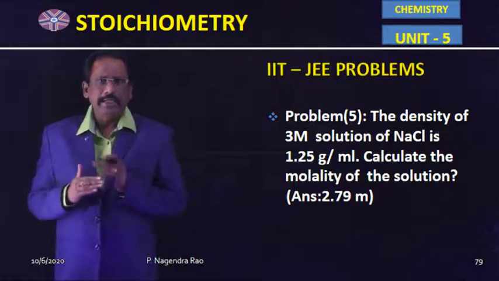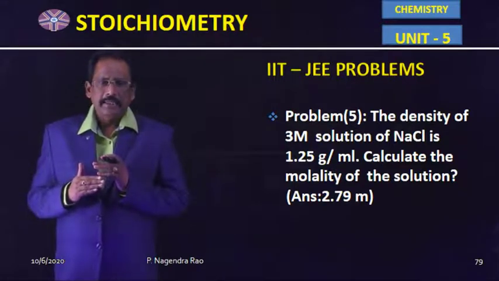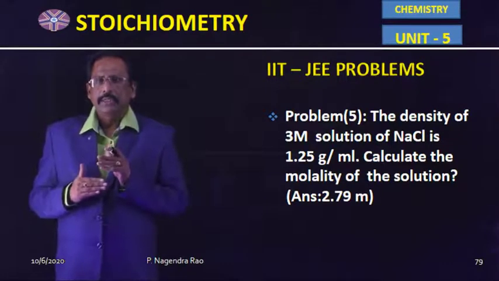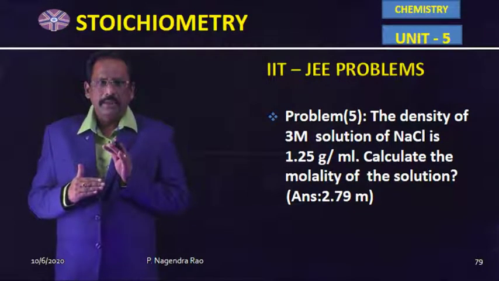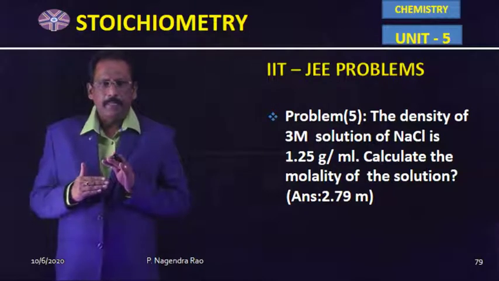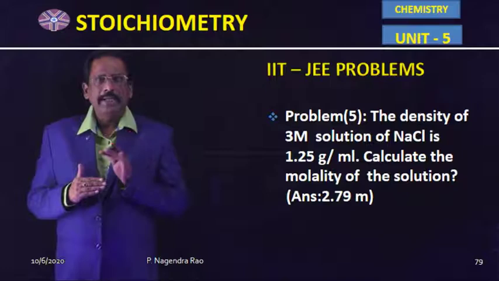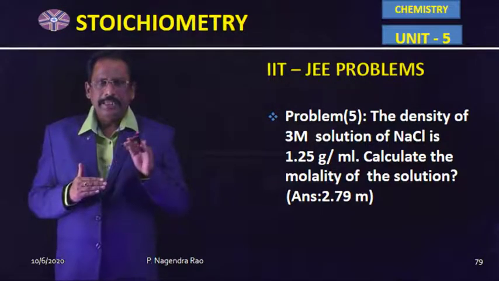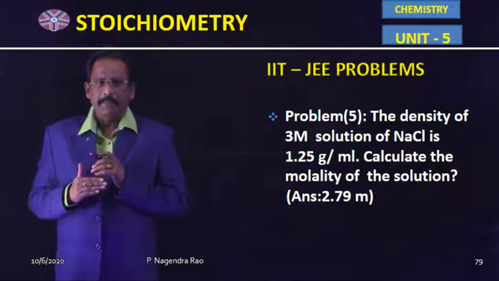Molality is defined as the number of gram moles of the solute present in 1000 grams of the solvent. That is known as molality, small m. It is independent of the temperature.